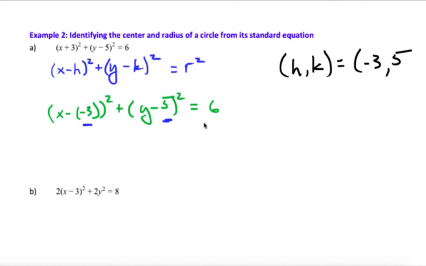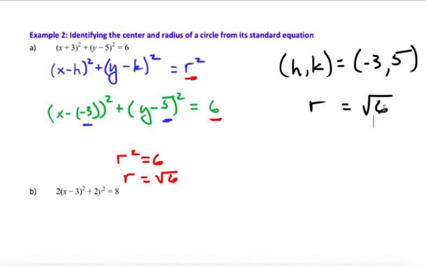So that's our center, negative 3, 5. And now for the radius, I know that 6 must equal r squared. So r is equal to the square root of 6. I'm fine to leave it like that. I can approximate that as a decimal, but I'm fine to say that the radius is just radical 6.